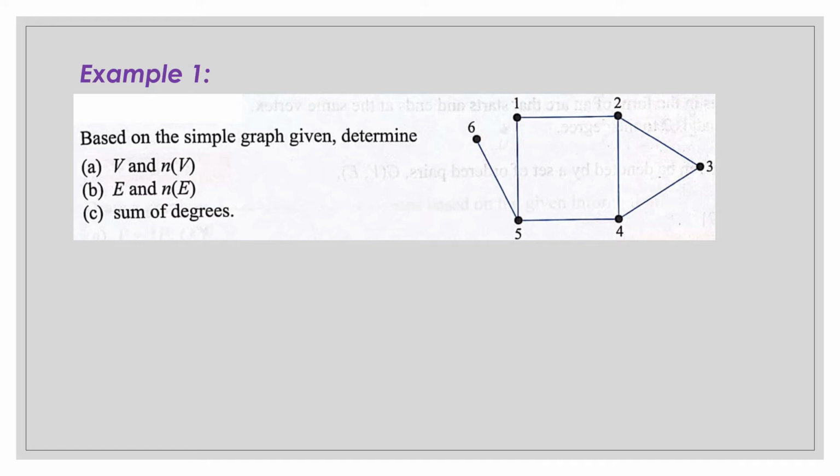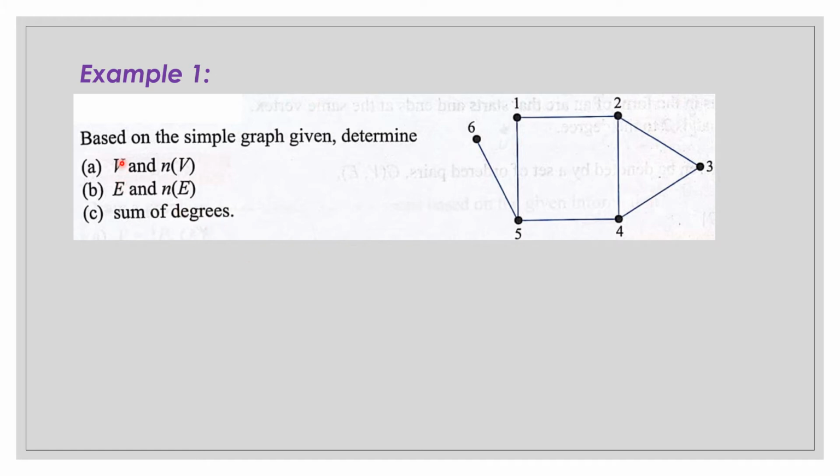Now look at example 1. Example 1 is a simple graph. Here you have to determine V, the set of vertices and the number of vertices, and E, the set of edges and the number of edges, and you also have to find the sum of degrees.